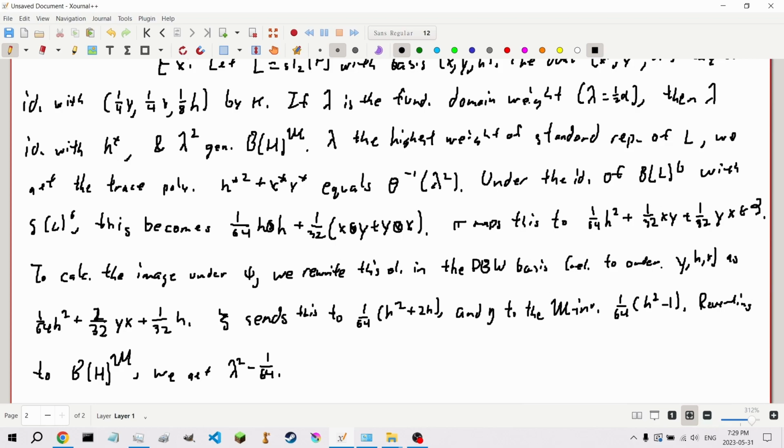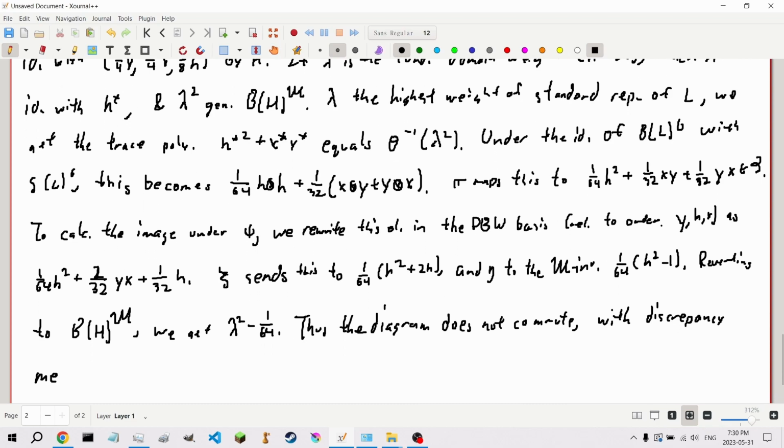So thus the diagram does not commute, with the discrepancy measured by an invariant, hence the scalar 1/64th here, of lower degree than the starting element.